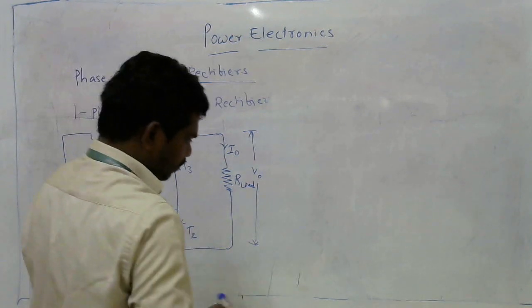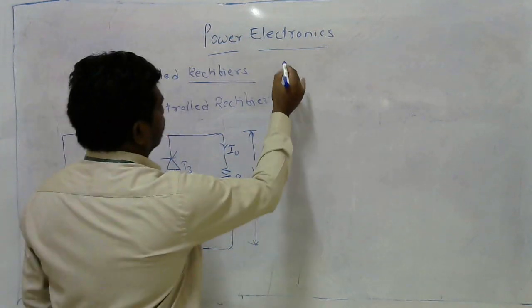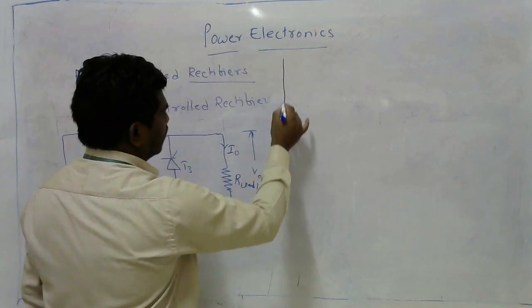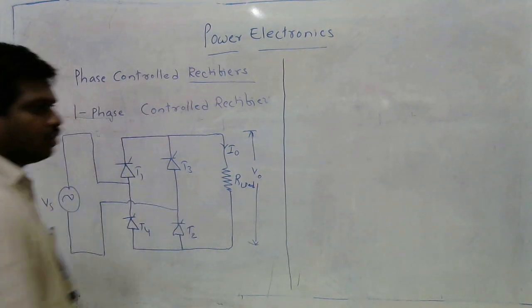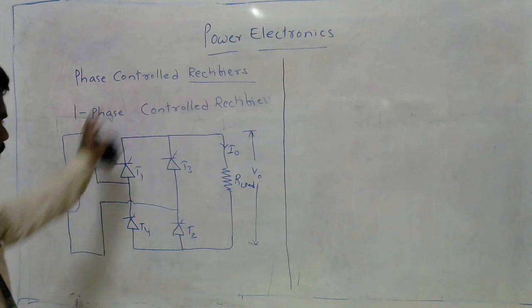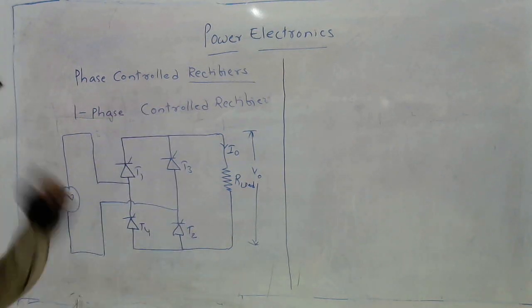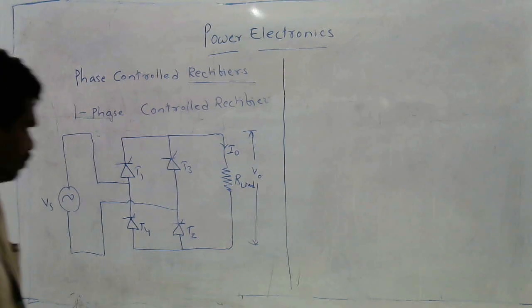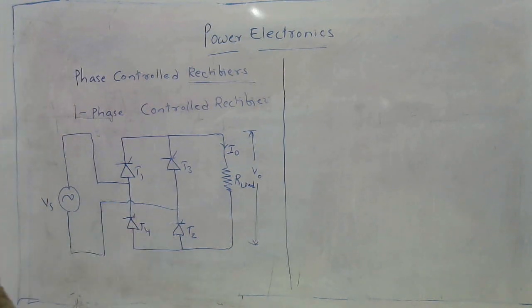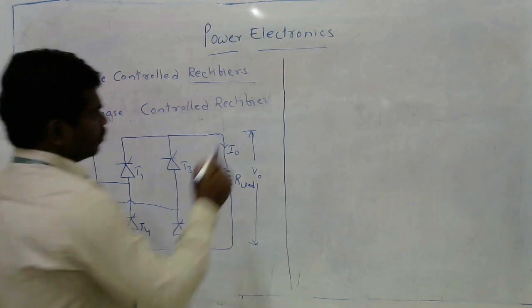Just listen carefully. This is the basic circuit configuration. When you have good knowledge of the operation of this small circuit, only then can we understand further classes, because the same thing repeats, but based on the operation we get the corresponding waveforms.